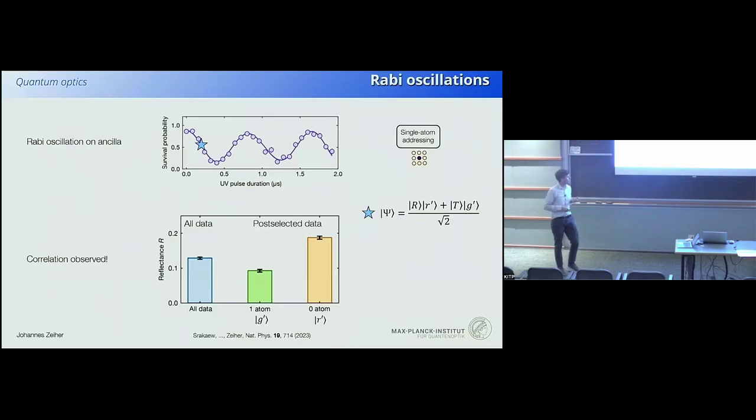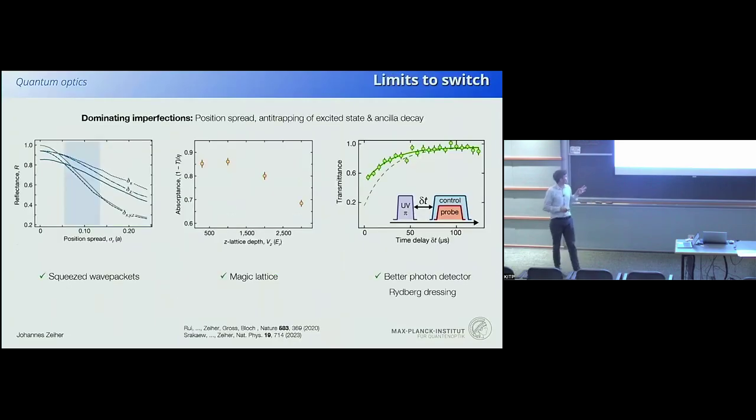Similarly, if we don't detect the ancilla, so if the ancilla was in the ground state after the experiment, then the reflectance is lower than expected. So it's exactly the right trend, but of course it's not yet showing any entanglement. It's just showing a correlation that is interesting. And of course, it would be cool to probe this entanglement in the end and see whether it's actually there. All right, very briefly about the limitations.